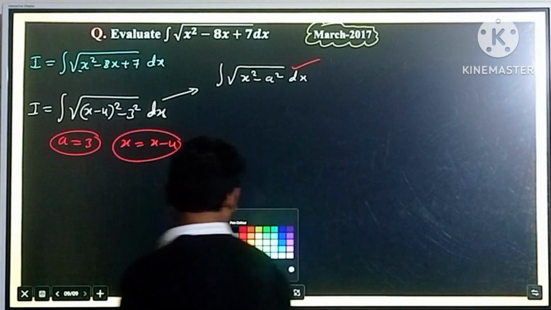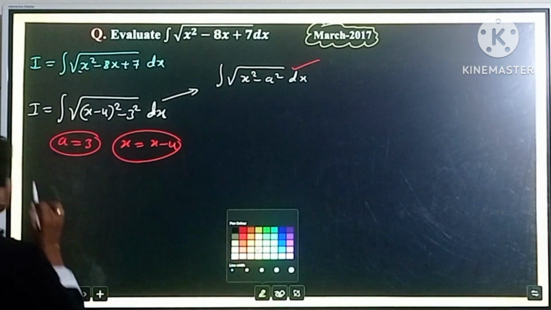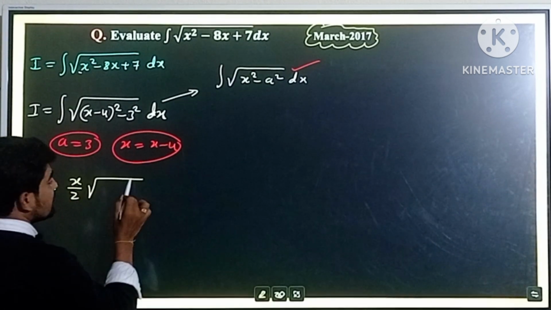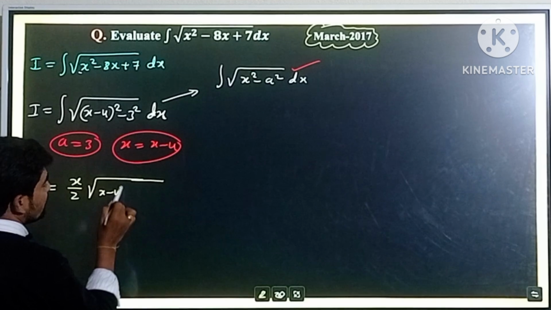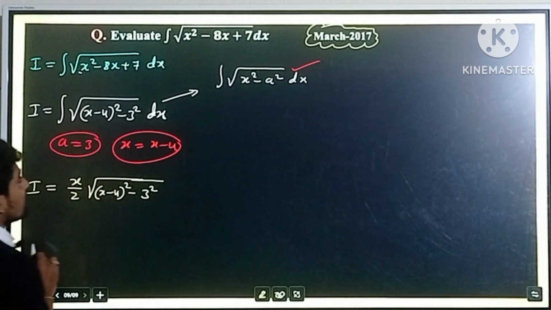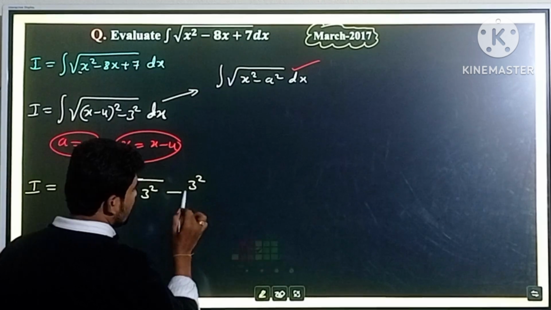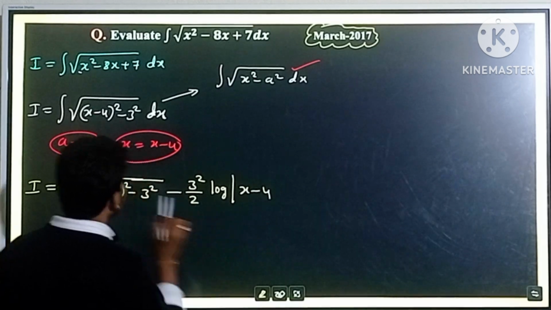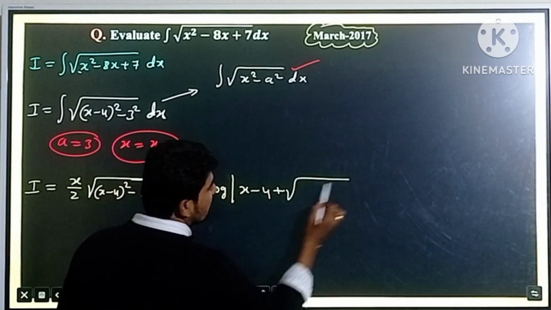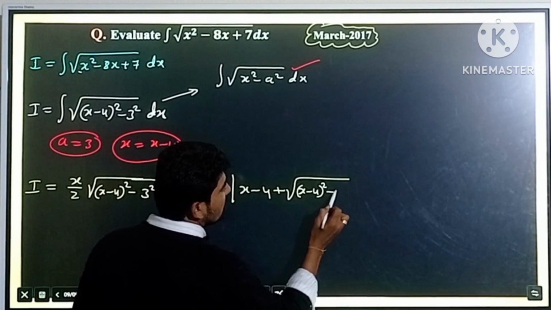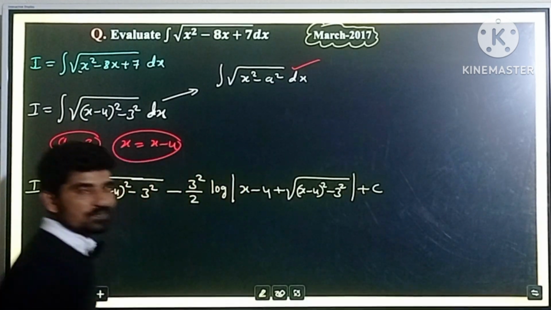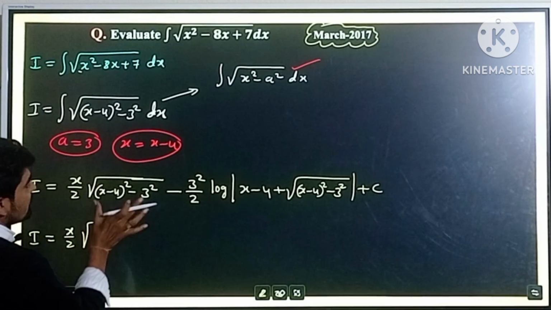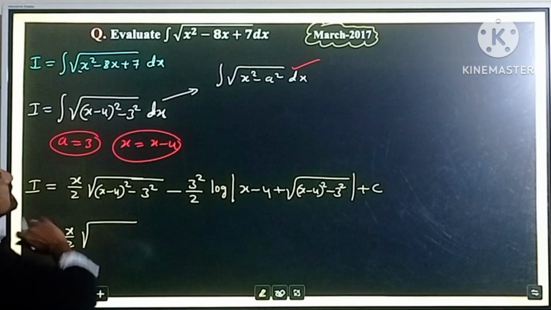What is the formula? I equals x by 2 into the square root of x square minus a square, where x square is x minus 4 whole square and a square is 3 square, minus a square by 2 into log of x plus the square root of x square minus a square, plus c. Here x minus 4 whole square minus 3 square is the expansion of x square minus 8x plus 7.